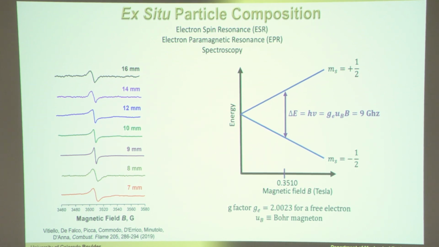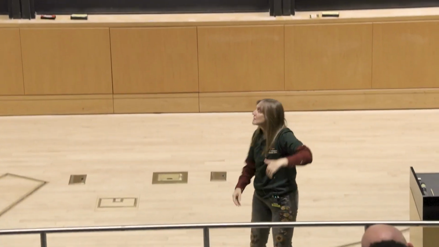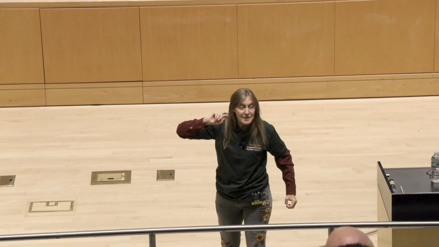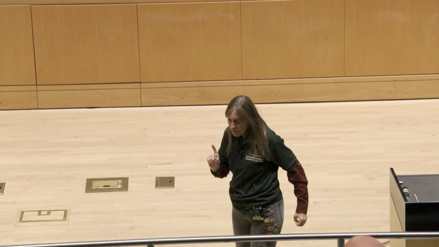Remember that in a radical, you have a lone electron, it's either spin up or spin down, right? So depending on how your spin is aligned with your magnetic field, you're going to have different energies of these states, okay? And you can do spectroscopy between these states.